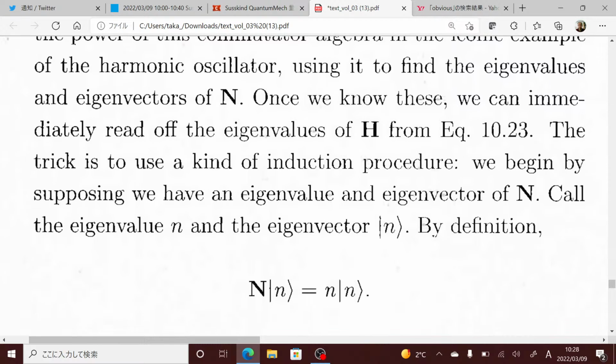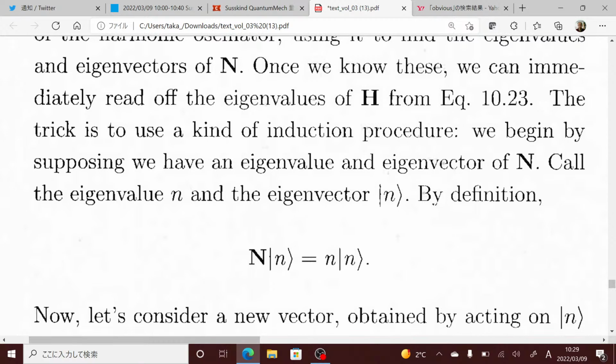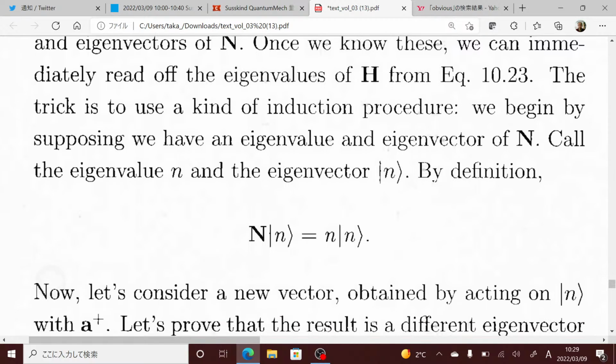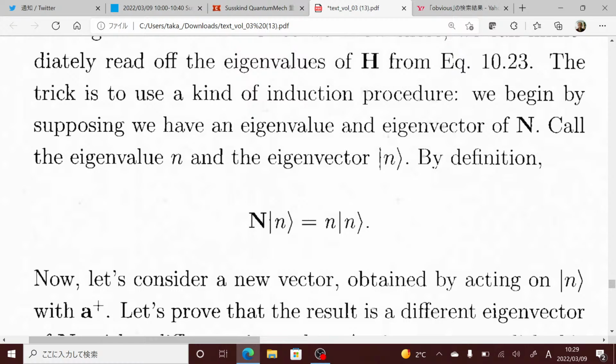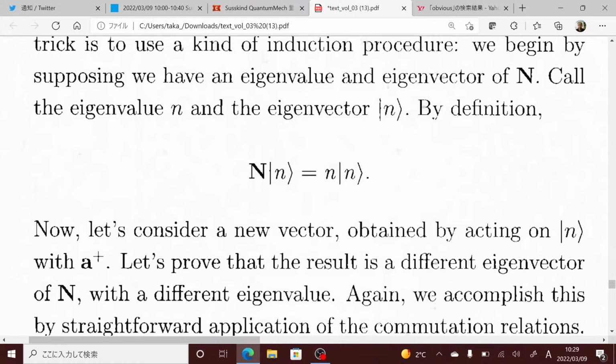The trick is to use a kind of induction procedure. We begin by supposing we have an eigenvalue and eigenvector of n. Call the eigenvalue small n, and the eigenvector ket of small n.